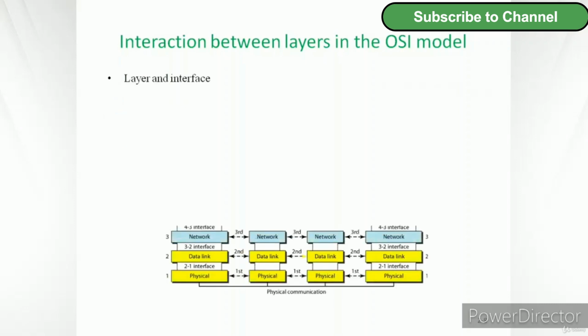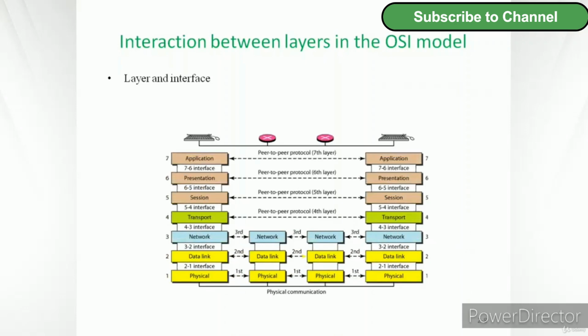We can see how the sender and receiver, or we can say this is device A, this is device B, data flows from the intermediate nodes to the destination. And we can see over here the seven layers again. As I told you, the first three layers are the network defined layers, and these four layers are the user friendly layers.